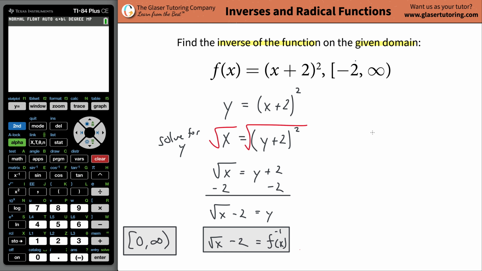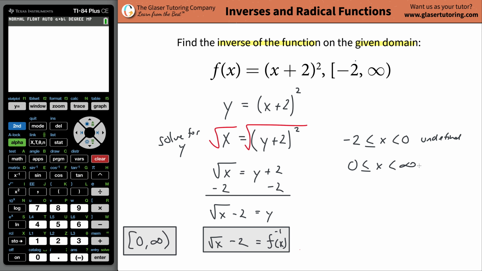Actually, you know what I'm going to do? I'm going to write it like this: -2 less than or equal to x less than 0. This is undefined when we're talking about the inverse. And then it is defined for 0 less than or equal to x less than infinity. So that's basically all there is to it.